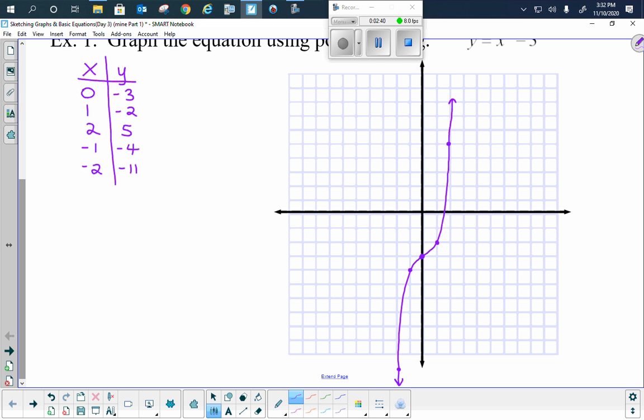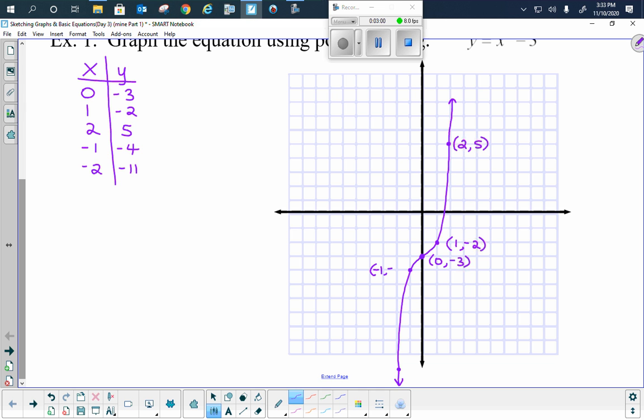Then we need to label these points. On a homework or a quiz, it's easier to just label the ordered pairs that we're going to grade from you instead of labeling the x and y axis completely.